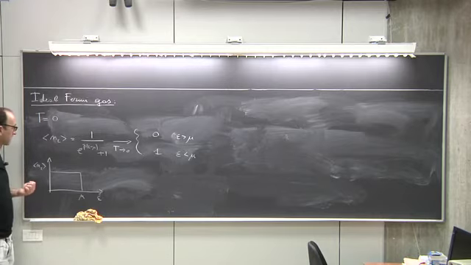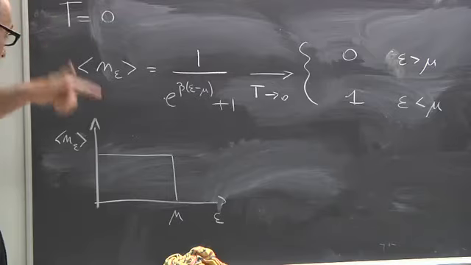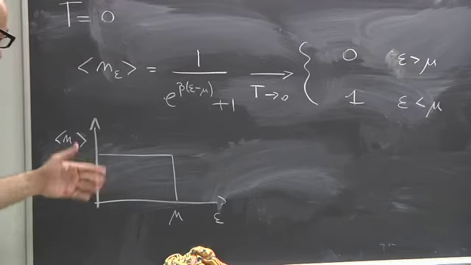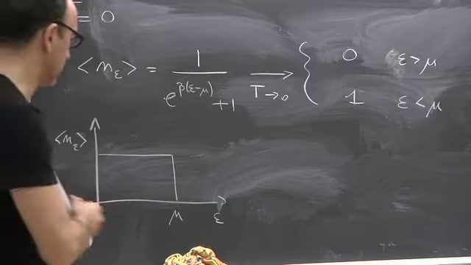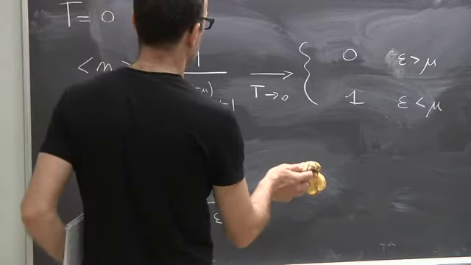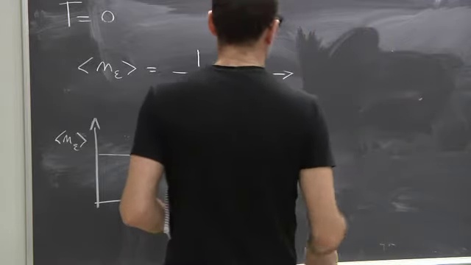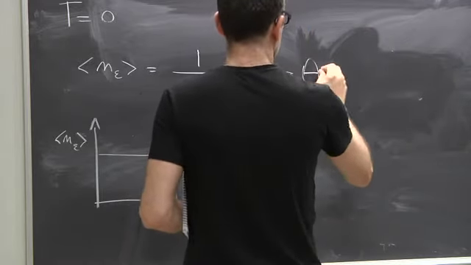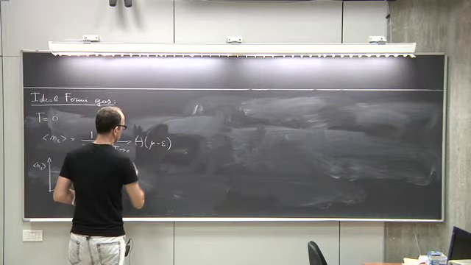Okay, so this function is generally called the theta function. Probably you have already encountered this. So you write this as theta of mu minus epsilon.